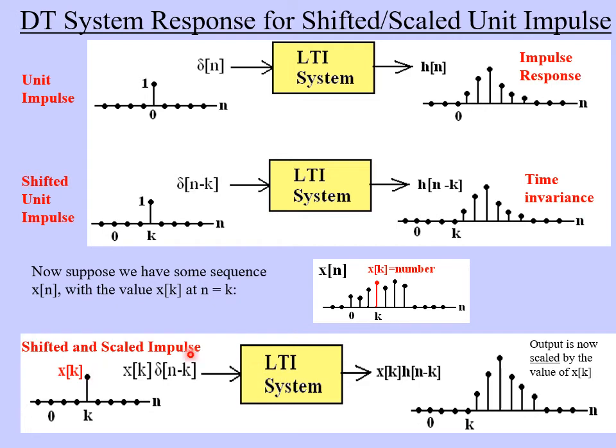What does that do to the output? Well, the output also gets scaled by x of k. So the output is x of k times h of n minus k, and it looks just like this, except perhaps taller, depending on the value of x of k. We did this slide earlier, but now we're going to take this another step.